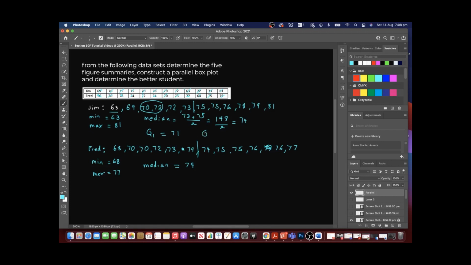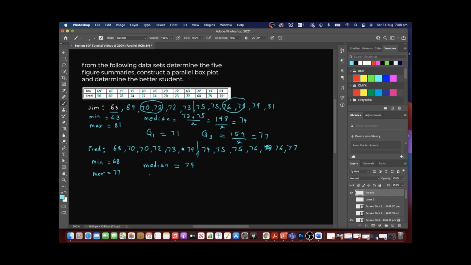And our quartile 3 is going to be the average of these two here, which is going to be equal to, what do we got? We got 140 plus 14, we got 154 over 2, which is going to be equal to 77. Okay, so that's our quartile 3.